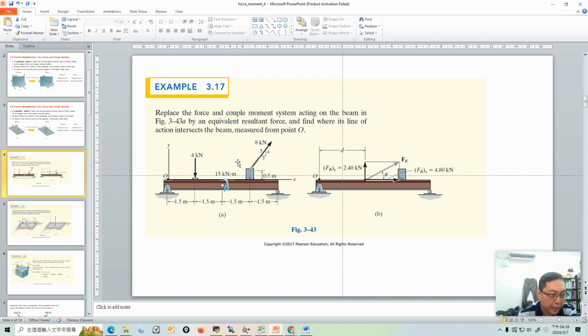After simplification, we only have one resultant force here. What's the resultant force, and where is the resultant force acting? This D is what we are going to calculate, and D is the distance between the acting point of the force and the reference point.